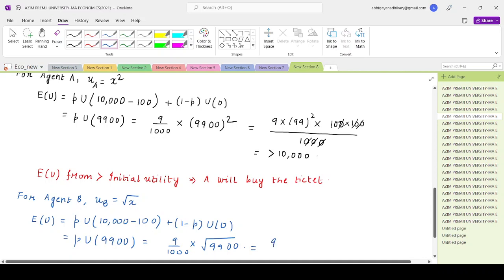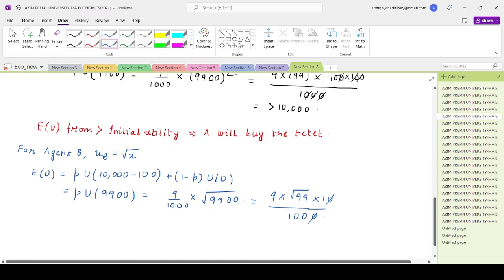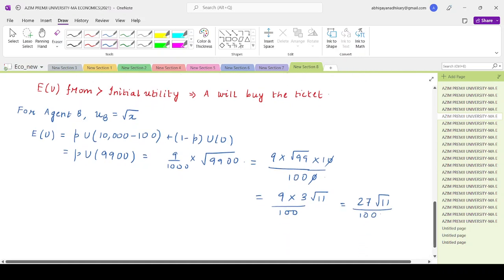So this is basically 9 into root over 99 into 10 divided by 1000, right? So this will be 9 into 3 root 11 divided by 100. So that is 27 root 11 divided by 100, correct? So this is what the expression looks like.